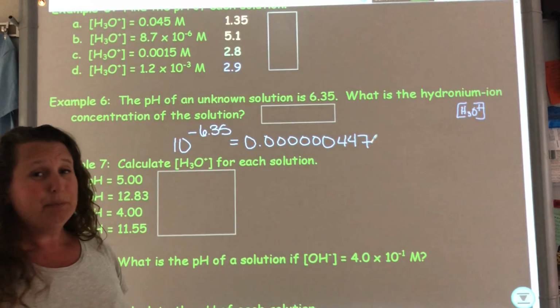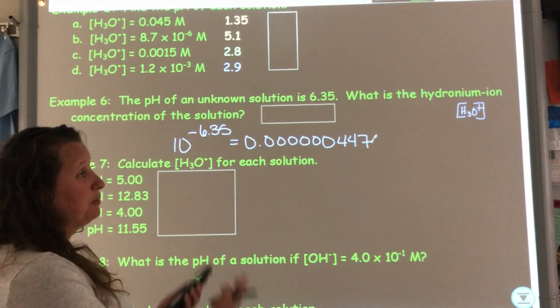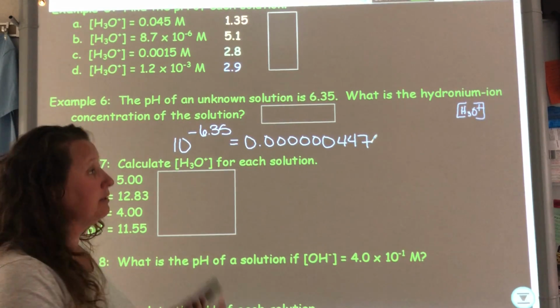Now, that's an acceptable answer just like it is, but just know that this is not how I'm going to write the answers on the answer keys.